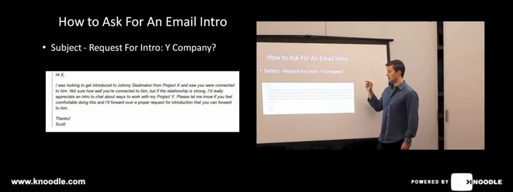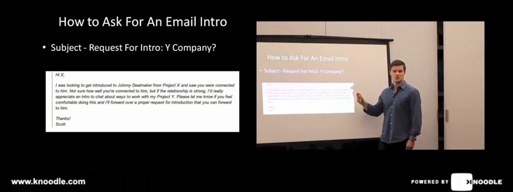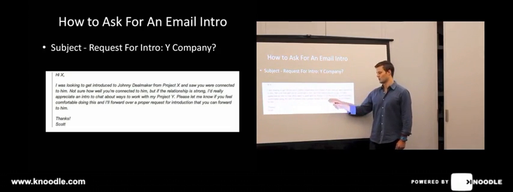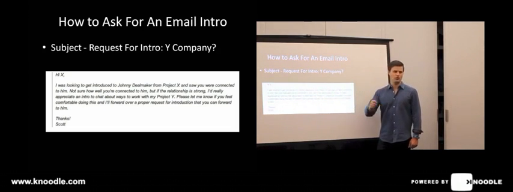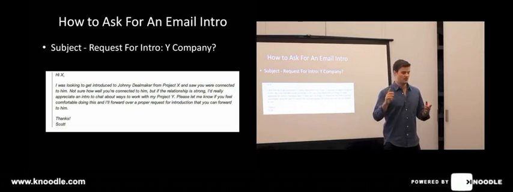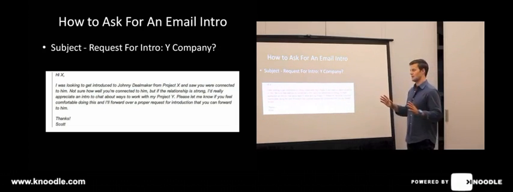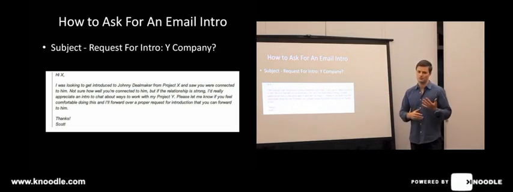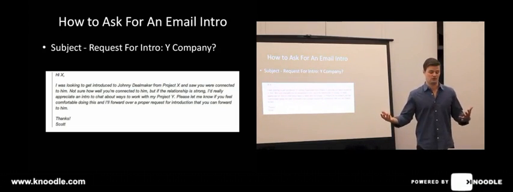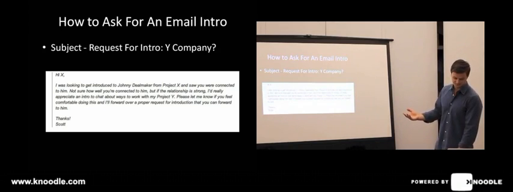Lastly, I let this person know I'm going to make it extremely easy for them to make the introduction: I'm going to forward over a request for introduction that you can forward from me, so you don't even have to write anything to this person. All those things considered, I found this to be an effective way to broach asking somebody for an introduction via a mutual connection.